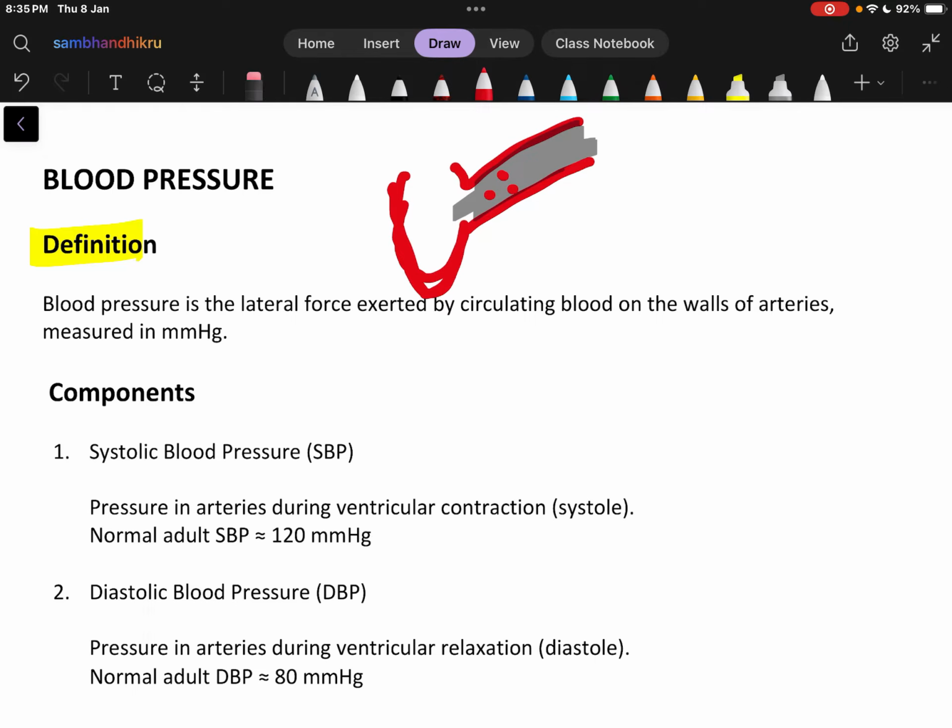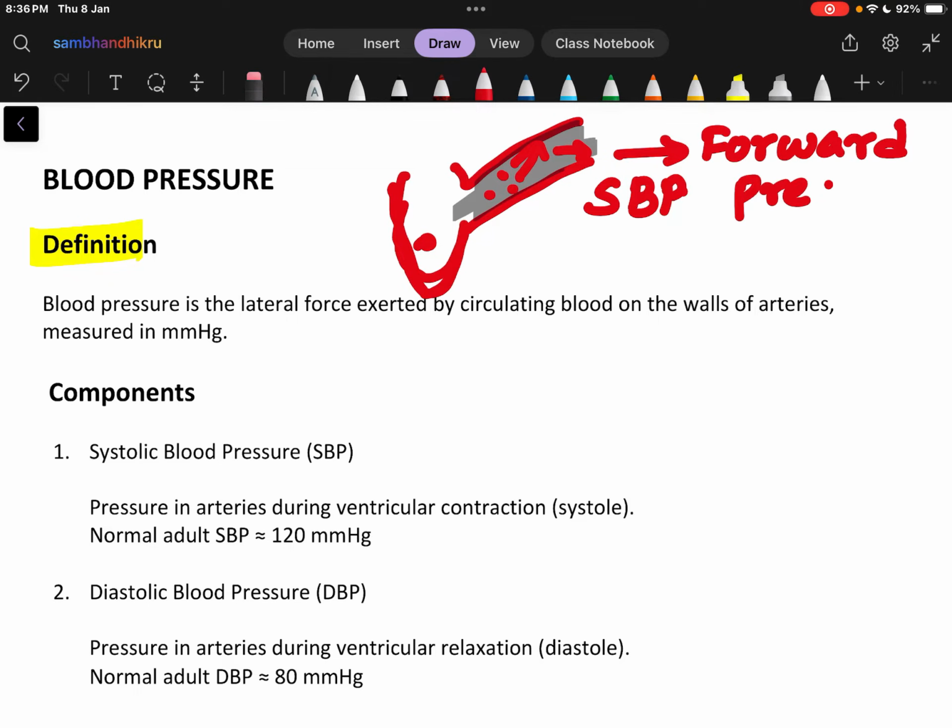When it moves inside the lumen of the arterial wall, the pressure exerted due to the ventricular contraction, the force on the arterial wall, will be called systolic blood pressure. Please do remember, this is the forward pressure. Clear? So forward pressure is called systolic blood pressure. Understood?